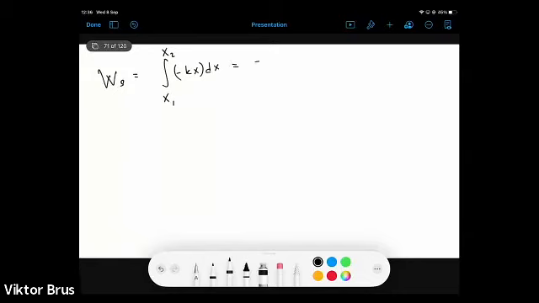This will be equal to minus kx squared divided by 2 from x1 to x2. And finally, taking into account this minus, we will get kx1 squared divided by 2 minus kx2 squared divided by 2.